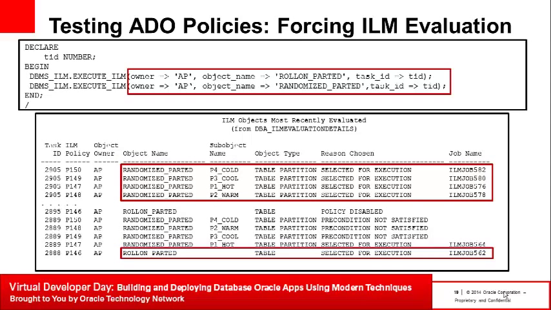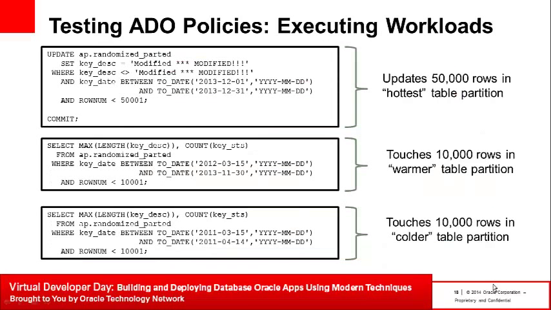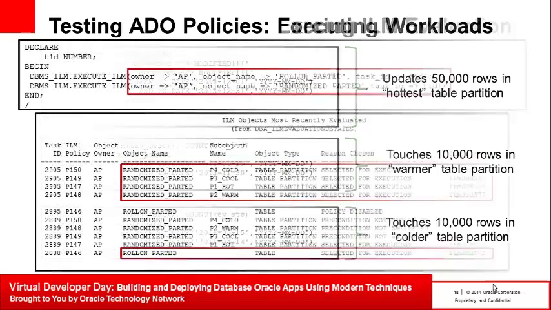My test policies are all in place. My test code has been executed. It's time to actually get ILM to interpret the policies. Now, to do that, I have to do a little bit of extra work. I have to call DBMS_ILM, that new package in 12c, and call the EXECUTE_ILM procedure.